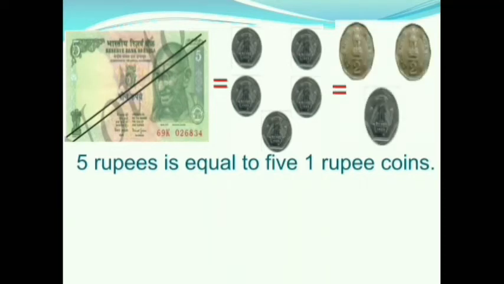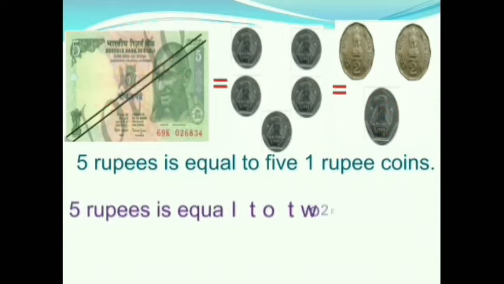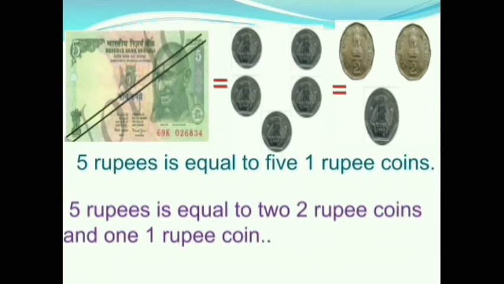Next we have two 2 rupee coins and a 1 rupee coin. What cost will we get when we add these three coins? Yes, 2 rupee plus 2 rupee is equal to 4 rupees. 4 rupee plus 1 rupee is equal to 5 rupees. 5 rupee is equal to two 2 rupee coins and one 1 rupee coin.